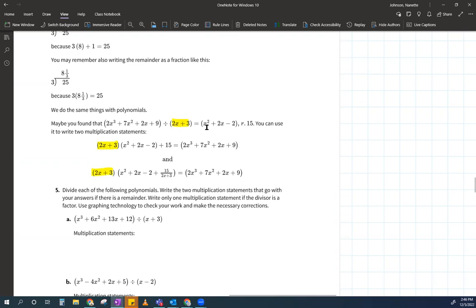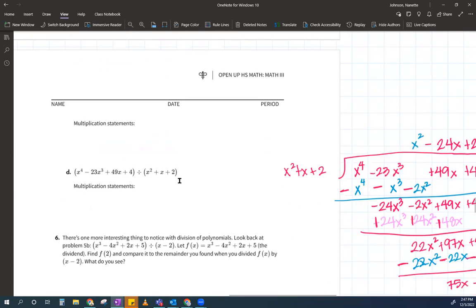This answer is also here, here, and here. Here's my remainder. It's here, here, and here. And this 2x plus 3 showed up one more time down here. Okay, so we're going to rewrite it like this, so keep this in mind when I'm writing it over here.